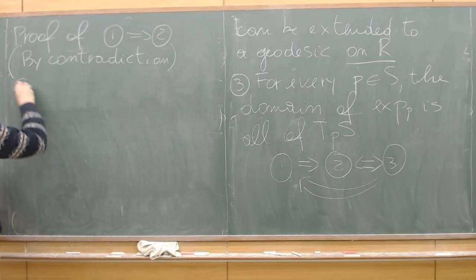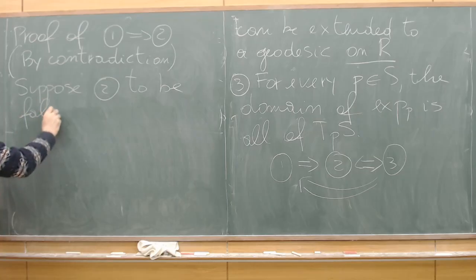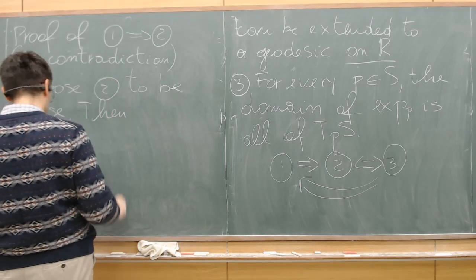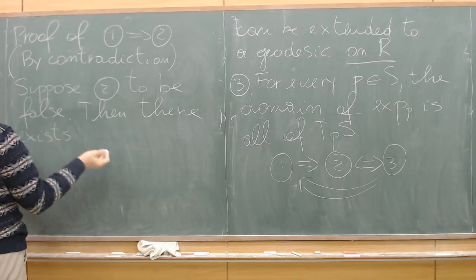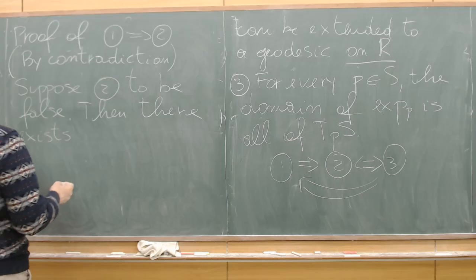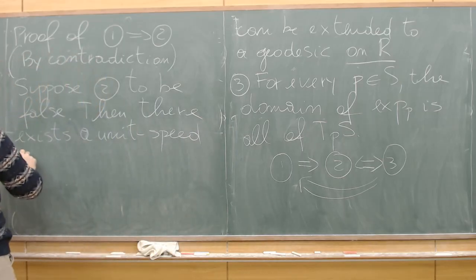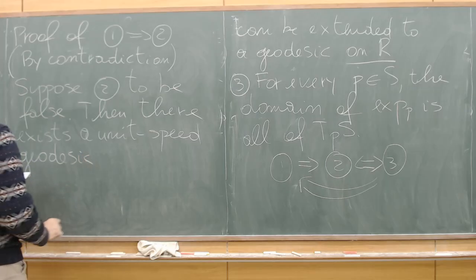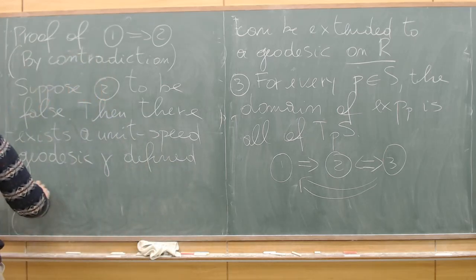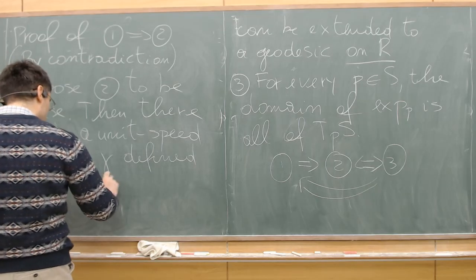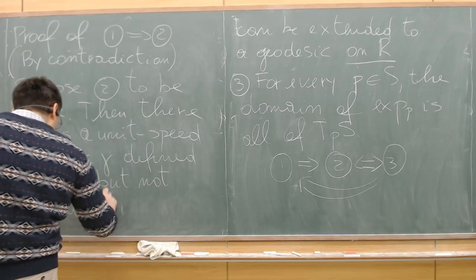Suppose 2 to be false, then there exists a geodesic that I can suppose to be unit speed, defined on [A, B), for example, but not extendable to B.